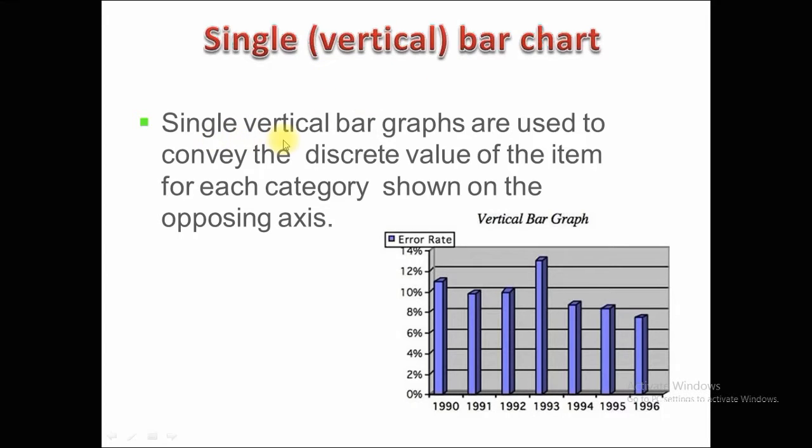Single vertical bar graphs are used to convey the discrete value of the item for each category shown on the opposing axis. This is a single vertical bar chart. In a single vertical bar chart, we present the category along the horizontal axis and the discrete value along the vertical axis.